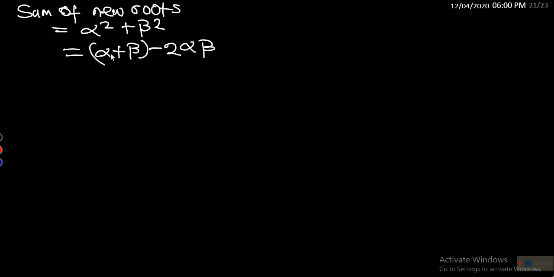If you don't know how to use this formula or prove it, check our video on symmetric properties of the roots of quadratic equations, and it will be made clear to you, guys.